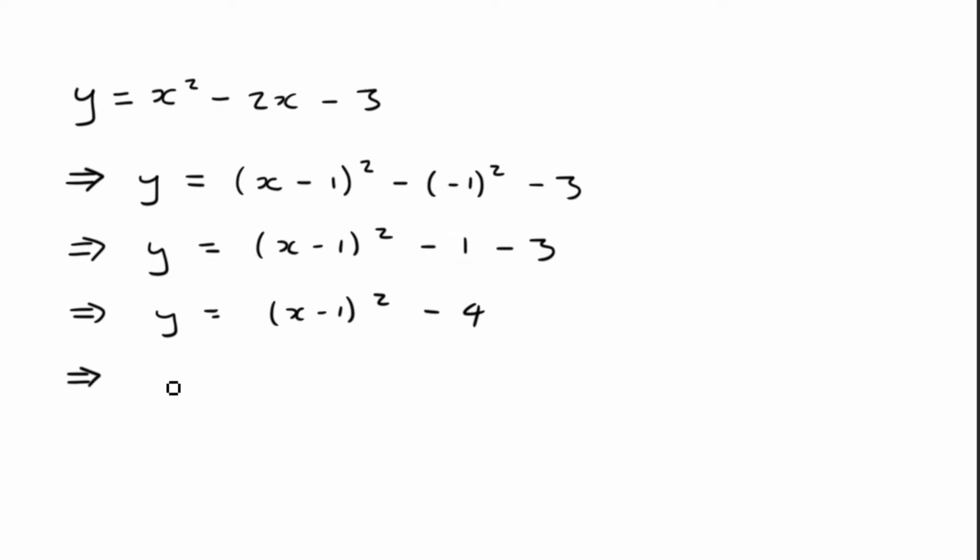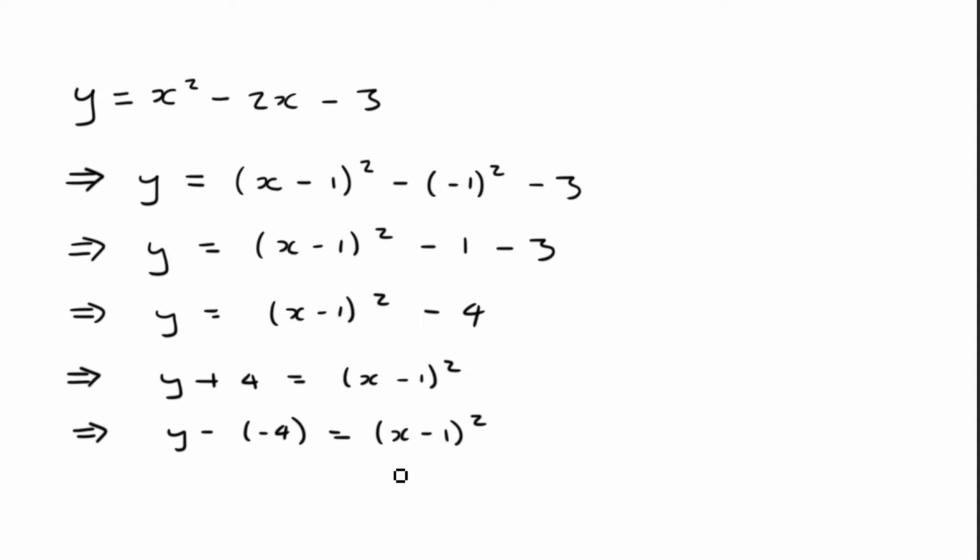And I'm going to write that as y plus 4 is x minus 1 squared, or y subtract negative 4 is x minus 1 squared. Why write that last part in that particular way?